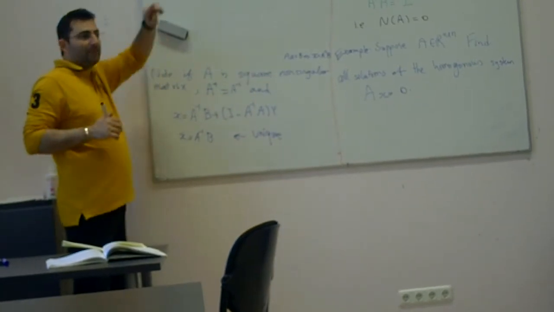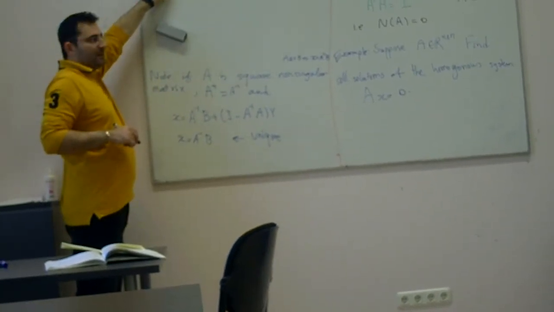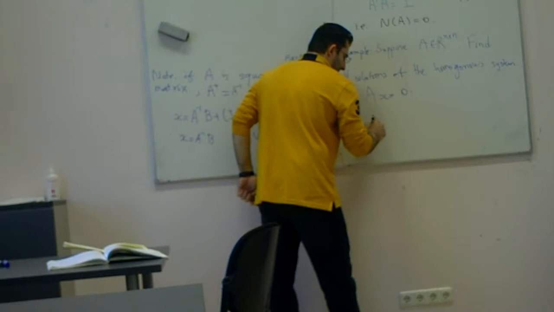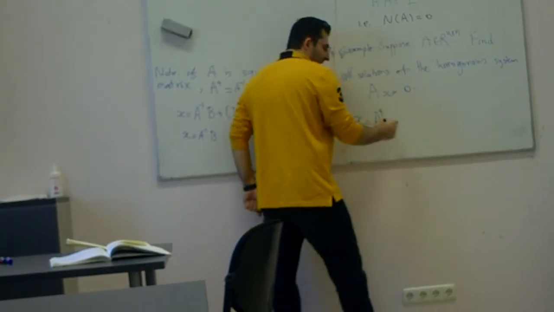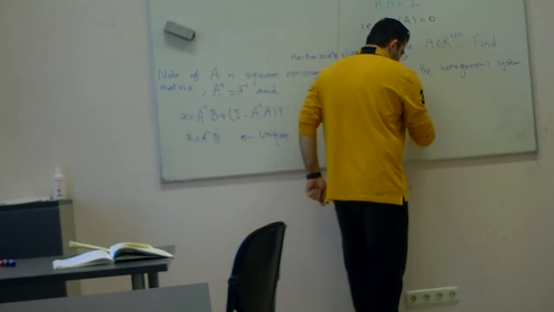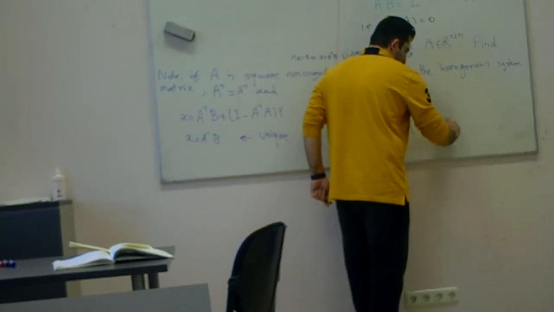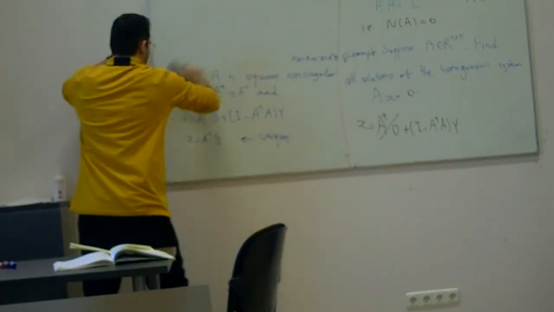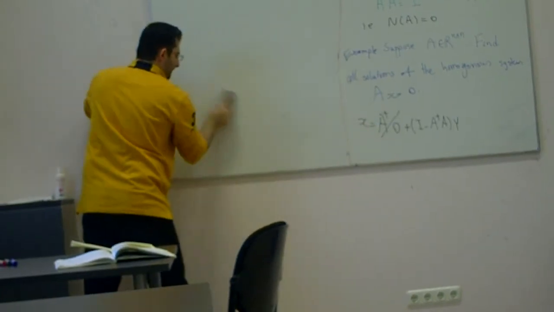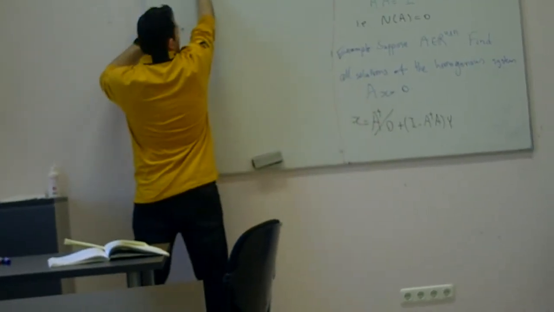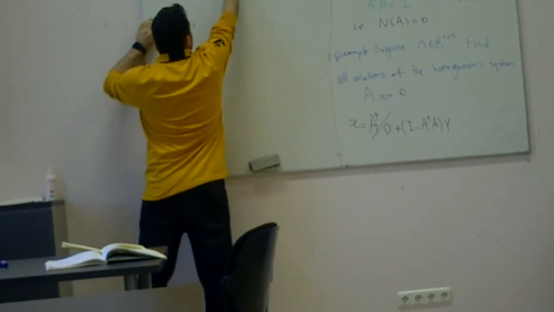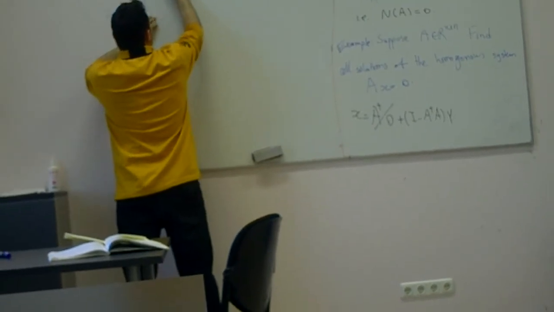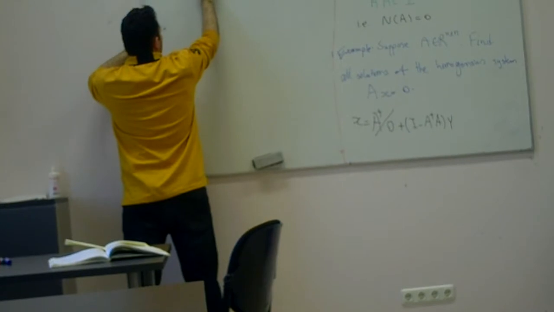Guys, look at it for a second. But the solution is this. X is equal to A plus B plus whatever. So it is x is equal to A plus, what is B? 0, plus I minus A plus A y. This is 0, right? So it means x is equal to I minus A plus A multiplied by y, and we know that y is an arbitrary matrix.